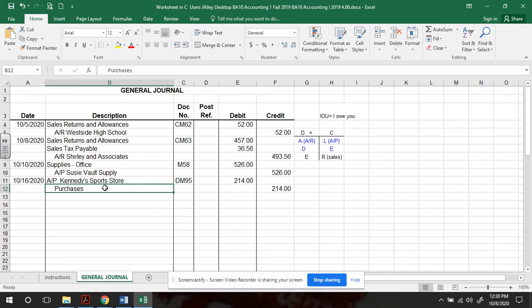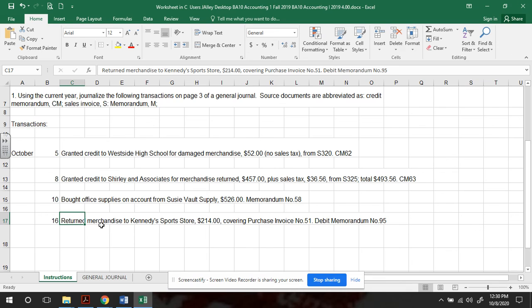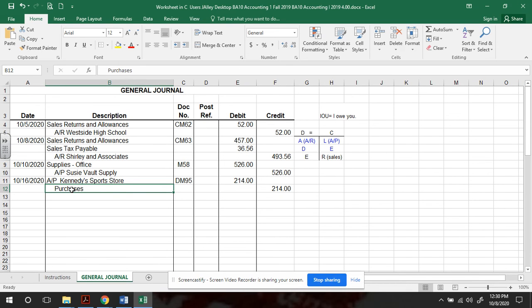And your purchases, when you purchase merchandise, and notice that over here it says merchandise. When you purchase merchandise, it becomes your inventory. You own it and it has value. So that makes it an asset. Inventory is an asset. So when you buy more merchandise, your debits increase.